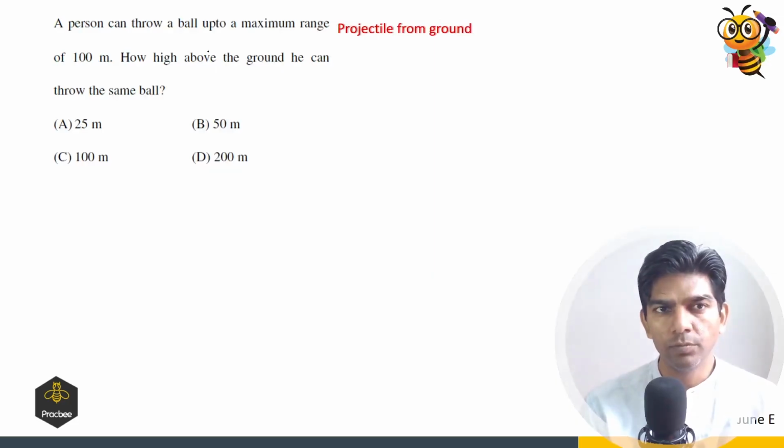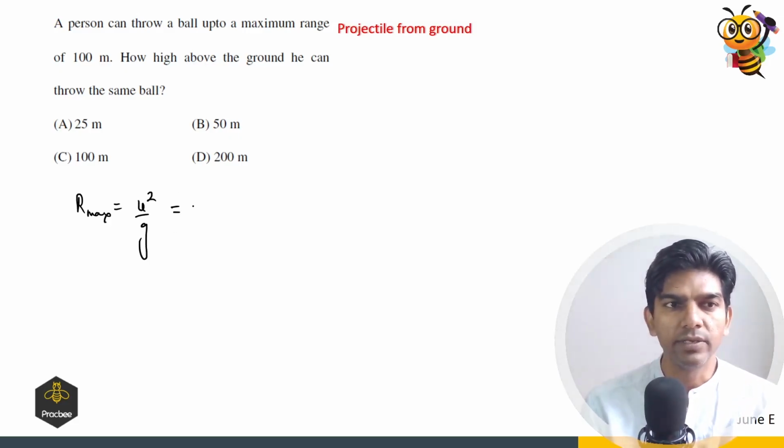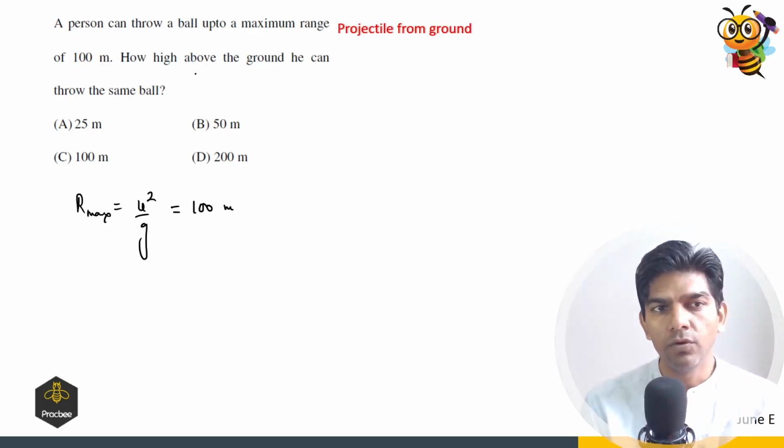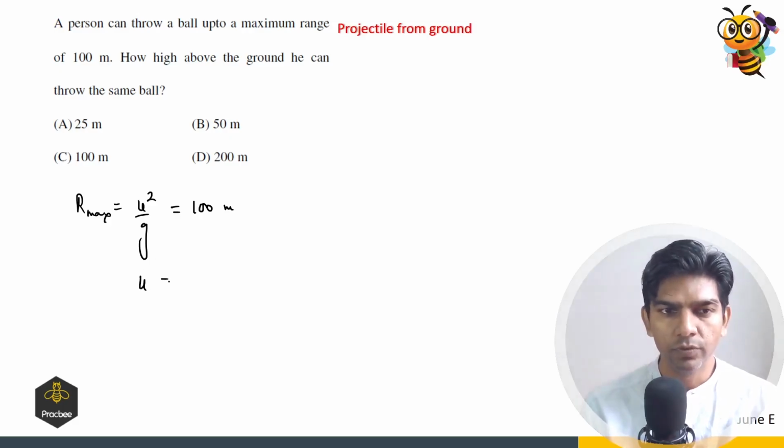A person can throw a ball up to a maximum range of 100 meters. How high above the ground can he throw the ball? So what is the maximum range? It is u squared by g, and that is given as 100. So from this we can find the speed of projection. So u will be root of 1000.